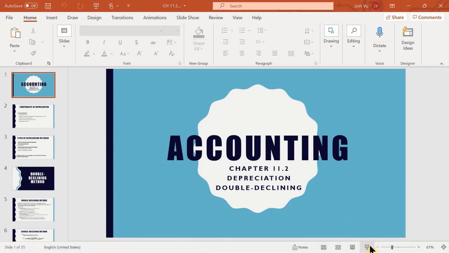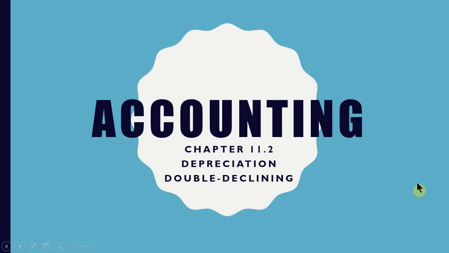So yesterday we talked about all the things that there is for depreciation, and we also even learned the first method of depreciation, which is going to be units of production. So now we're diving into part 2, which is going to be looking at another one, which is called double declining, also known as the accelerated depreciation method.